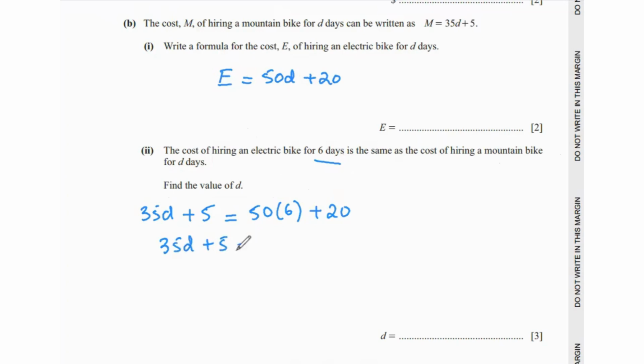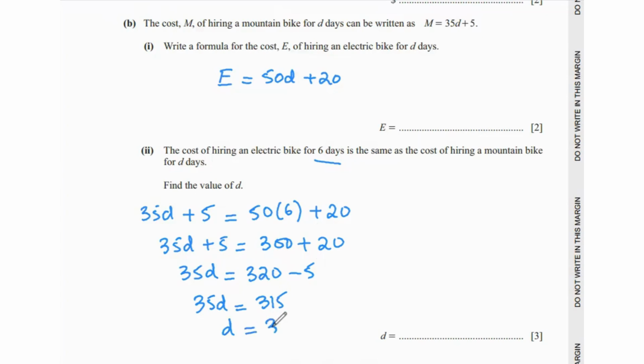That's going to be 300 plus 20, which is 320. And then I subtract 5 from it. 315. So 315 divided by 35. And that gives us a value of 9. So the value of D is 9.